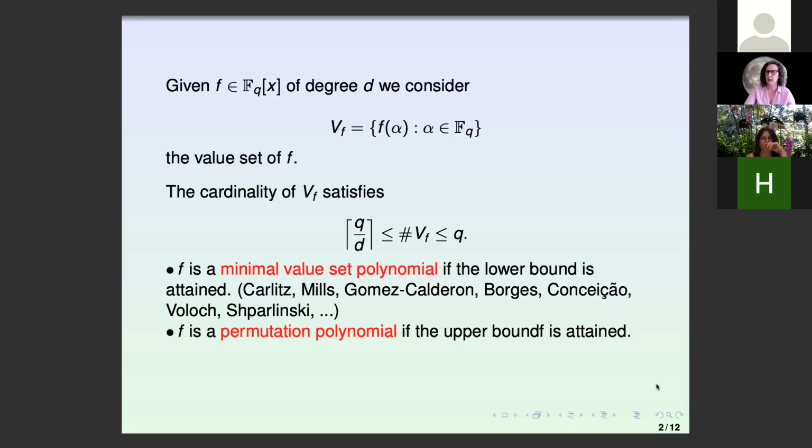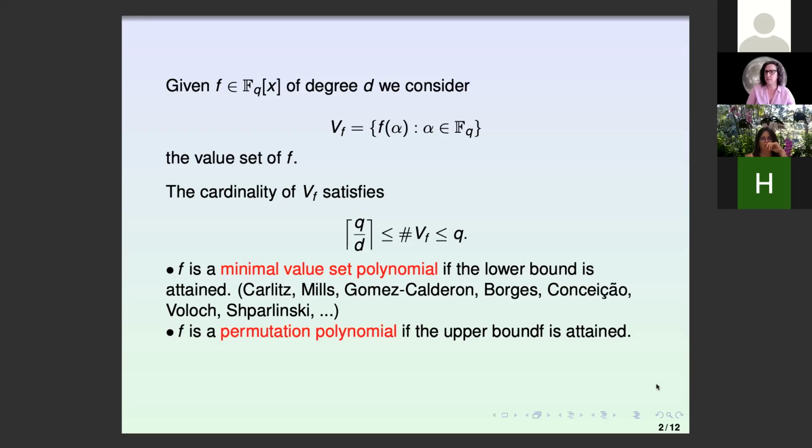So the cardinality of the value set is between these two numbers. And if the value set of a polynomial has size q, then it's called a permutation polynomial. And this has been widely studied. Now we have many papers on permutation polynomials.